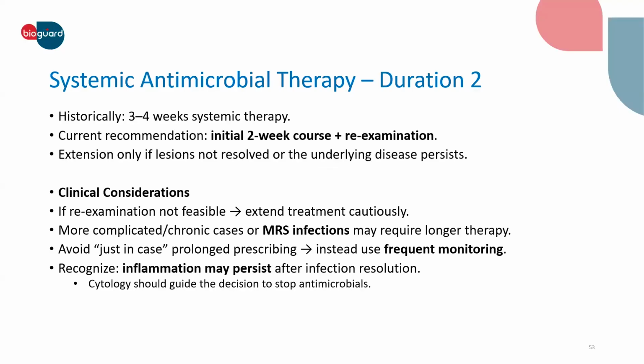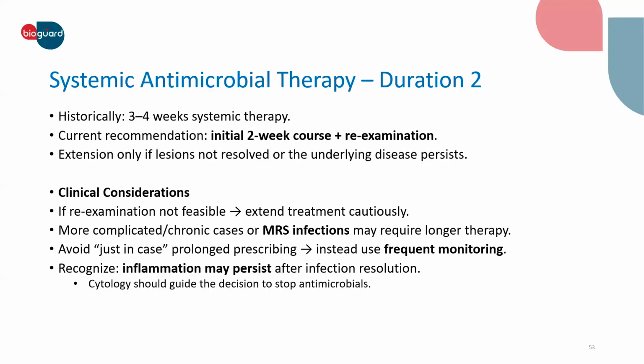So for systemic antimicrobial therapy duration, previously it was usually 3 to 4 weeks. Right now, the current recommendation is to initially give a 2-week course, then do the re-examination, and extend only if the lesion has not resolved or the underlying disease persists.